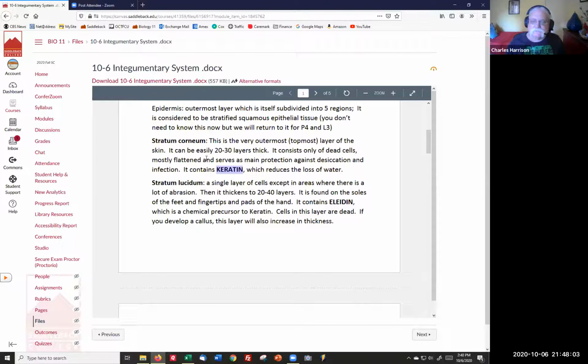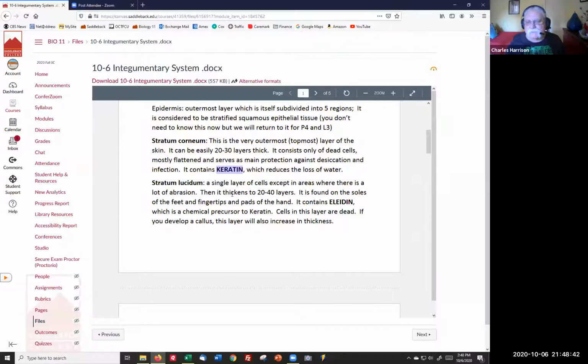Okay. The layer underneath is the stratum lucidum. This can range in thickness from a single layer of cells up to 20 to 40 layers or even more. Under a microscope, you couldn't really tell the difference between the stratum corneum and the stratum lucidum. They would look the same. But if you treat them histochemically, in other words, with a dye, you will find that the second layer doesn't have keratin.